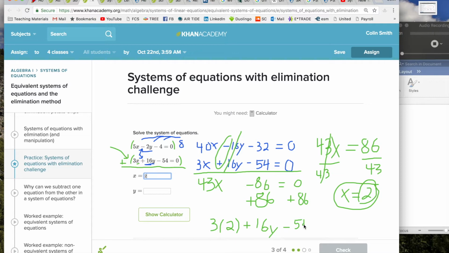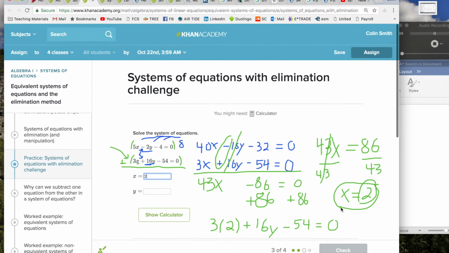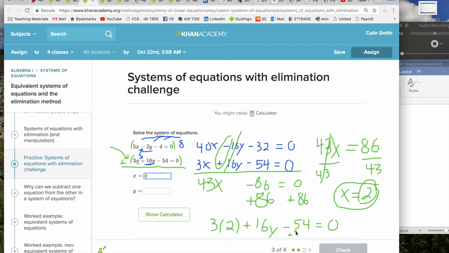And then we're going to be able to add those regular numbers. When we do that, we'll get 3 times 2 is 6, and negative 54. Let's add 54 to both sides to move that over, and let's subtract 6 from both sides, and that way we'll have just the y by itself.